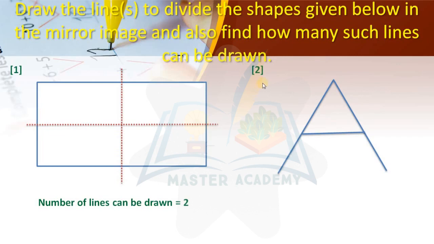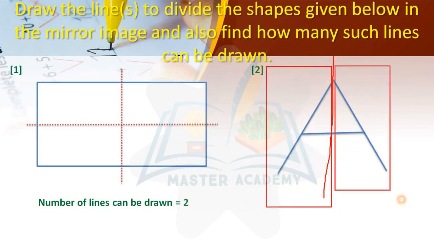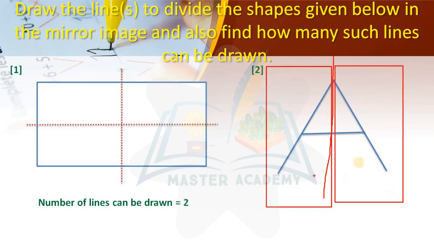This is, beta, A. Now tell me, we are going to draw a mirror image. तो कैसे ड्रॉ करेंगे? कौन सी जगह पे हम लाइन पहले करेंगे? Exactly. Clear? So you can observe here this portion and another portion. Okay, there are mirrors.